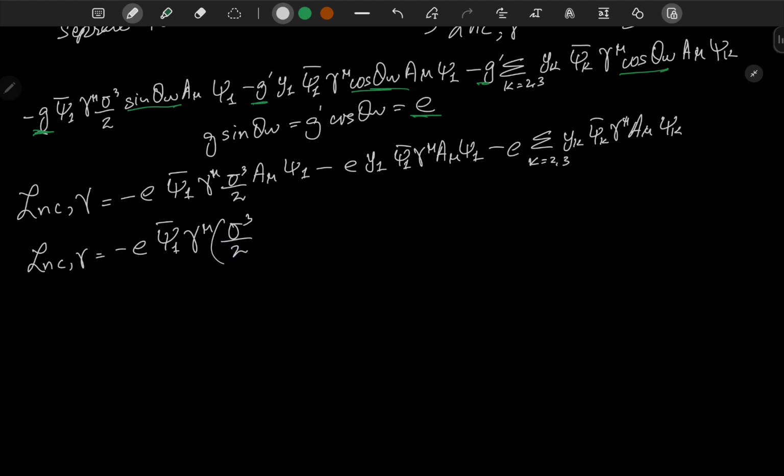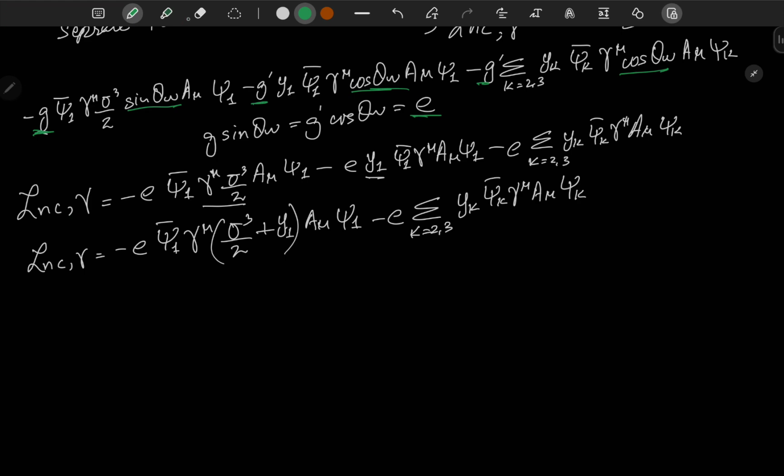From here we get sigma 3 by 2 plus y1, and on the other side we are going to write a mu of psi 1 minus e, k equal to 2 and 3, y of k psi of k bar gamma mu a mu psi of k.